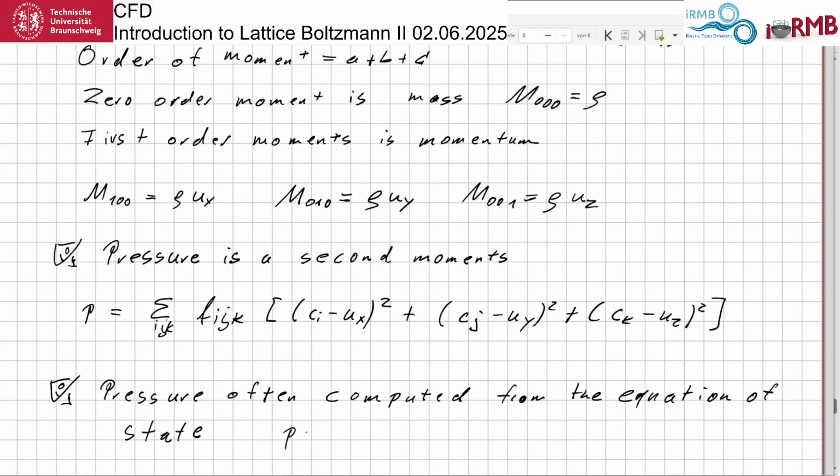And this is P. P is given as Cs squared, the speed of sound squared, times the density. Actually, it's interesting.